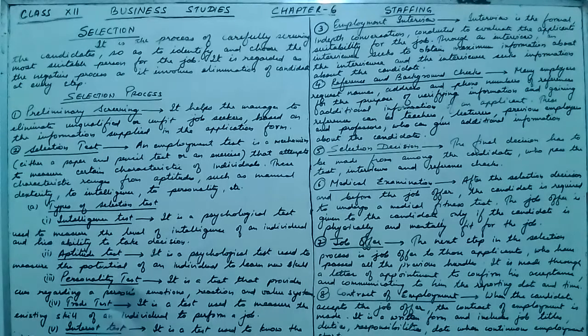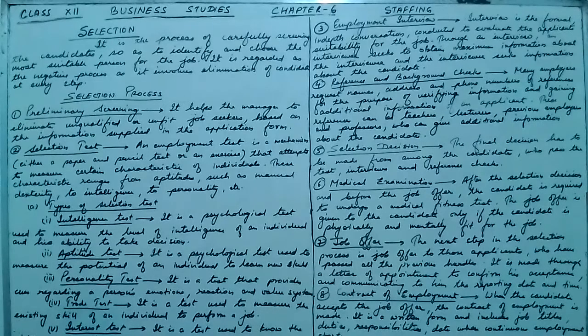Now third is the personality test. It is a test that provides cues regarding the person's emotions, reactions and value system. Fourth one is the trait test. It is a test used to measure the existing skill of an individual to perform a job.